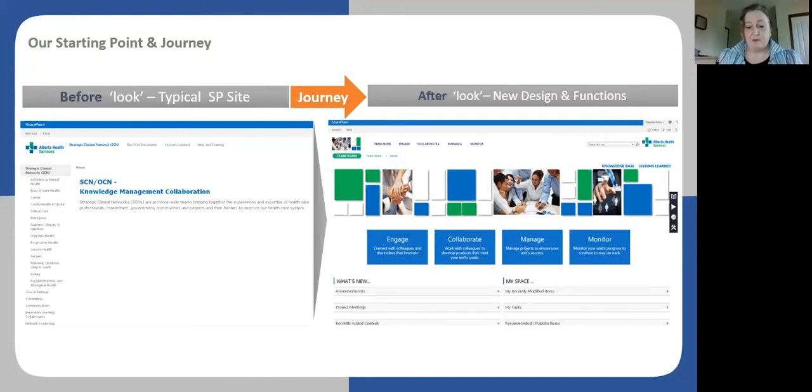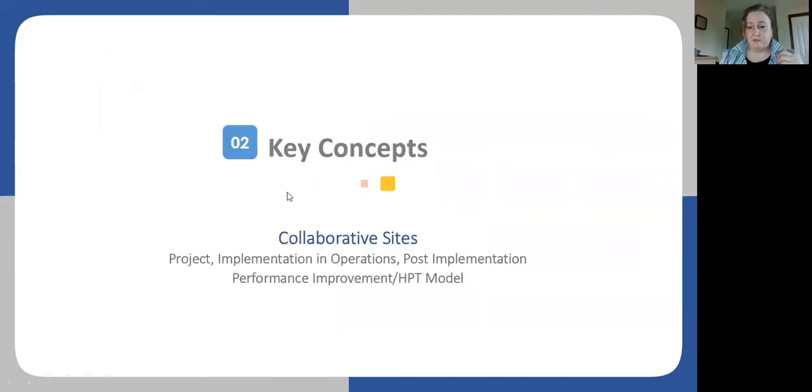So we had SharePoint as technology, we had Tableau from an analytics perspective. So we had to look at how we integrate everything to be able to respond to the user needs and their pain points. So collaborative sites is really the name of the initiative.